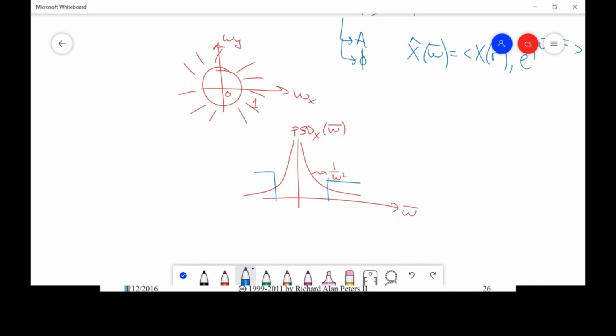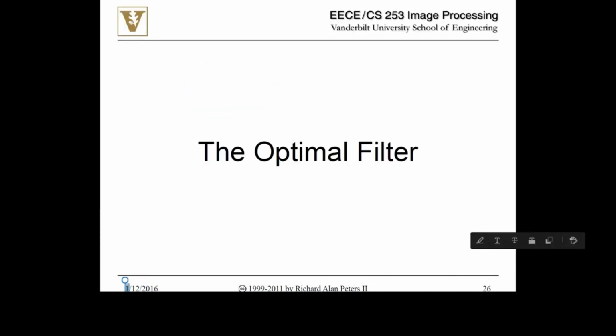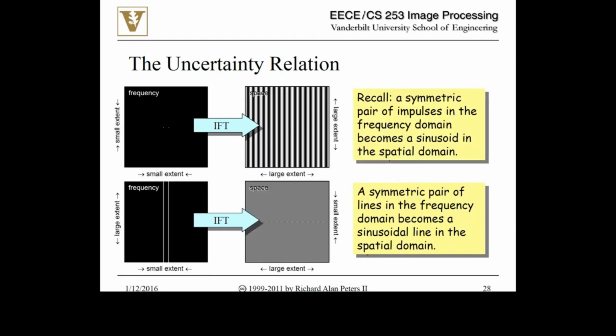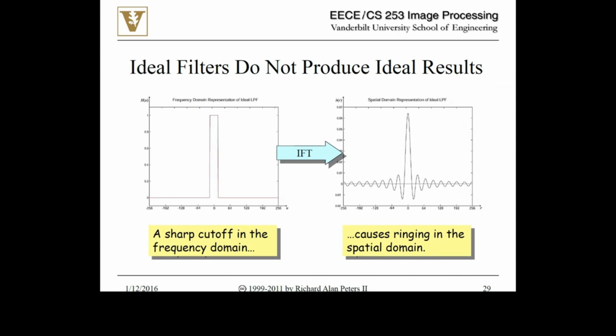Okay, good. That's fine, but they have a problem: because of this uncertainty principle, they have ripples. Yeah, this idea has appeared already. So if you put an ideal low-pass filter, you have a lot of ripples that extend to infinity in principle.